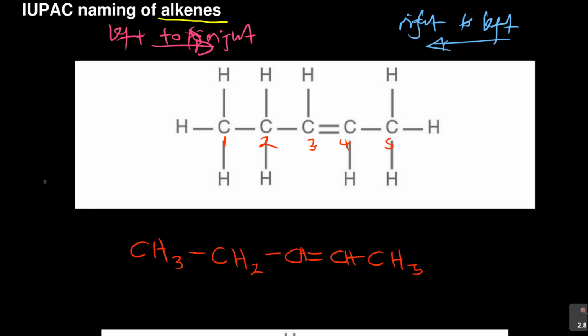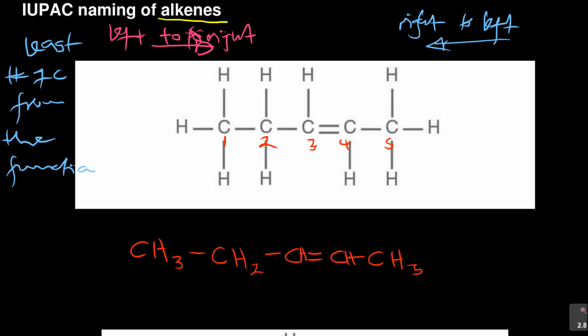The key in IUPAC naming is to look at the least number of carbons from the functional group. Is it the least number of carbons from the functional group or from the branch? I'll explain that later. But in this scenario, we're looking at the least number of carbons from the functional group.